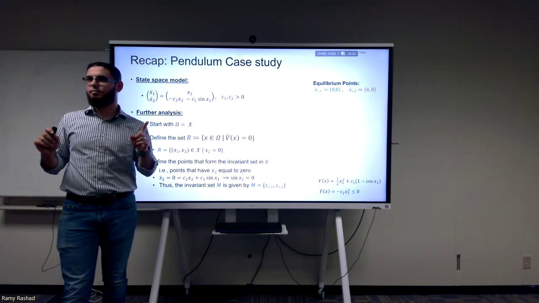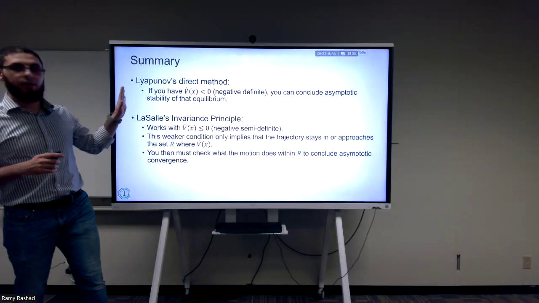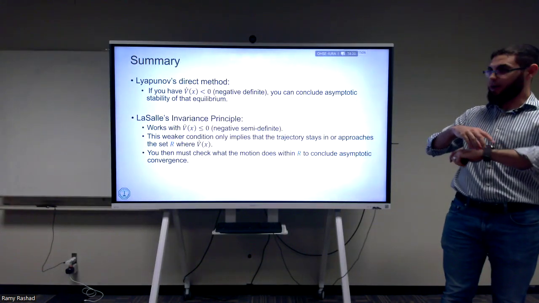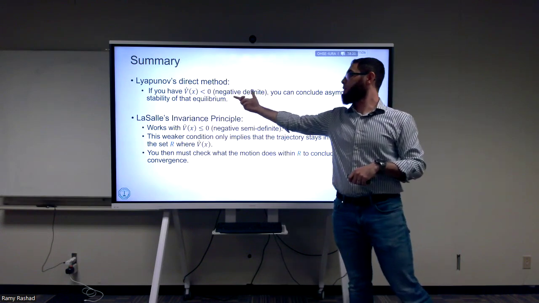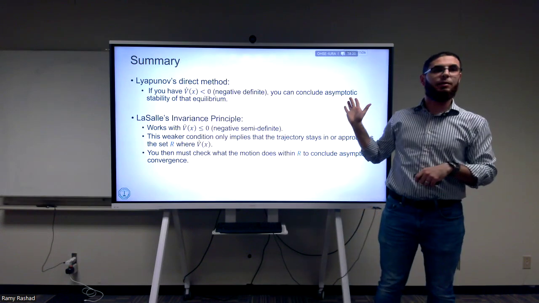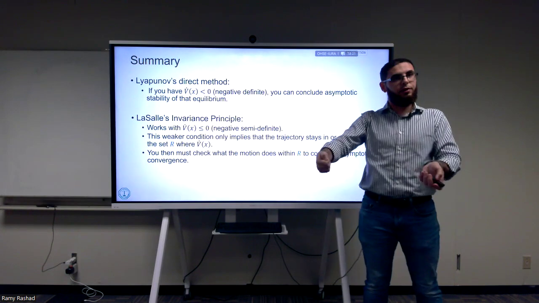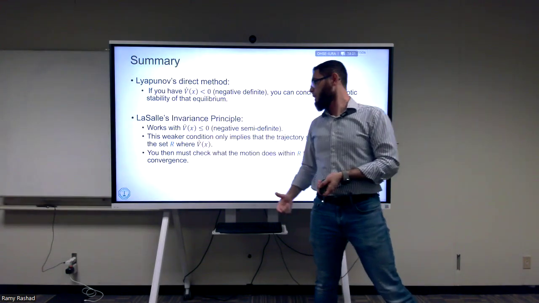Any more questions? Okay. So as a summary, how do we apply LaSalle's invariance principle? You start with Lyapunov's direct method. If you have V dot negative definite, you conclude asymptotic stability of that equilibrium point. If you only have negative semi-definiteness, move on further. Try to find the set R where V dot is equal to 0.